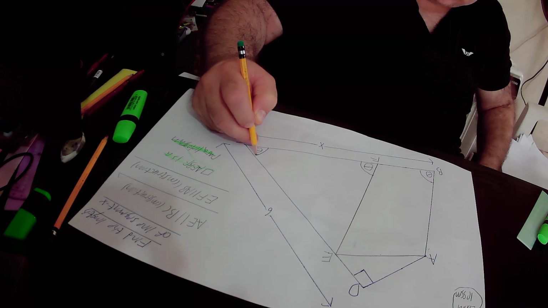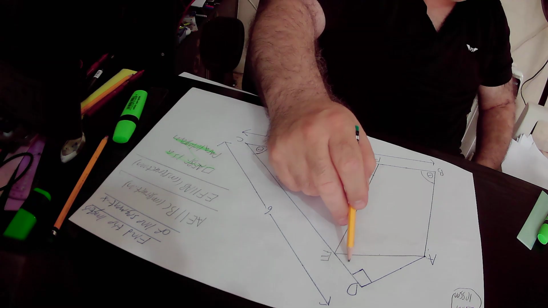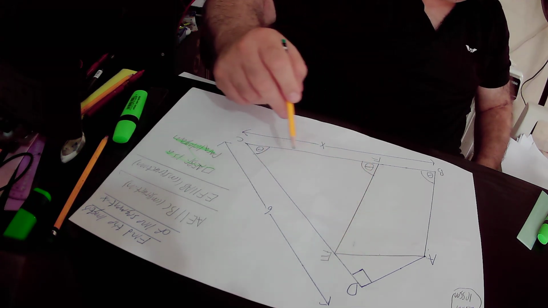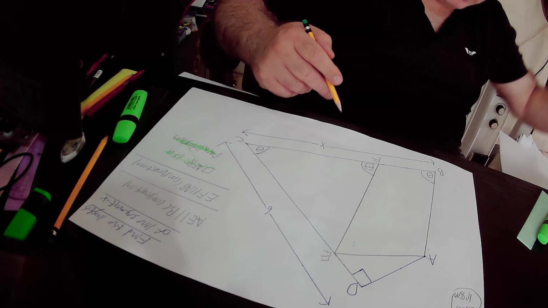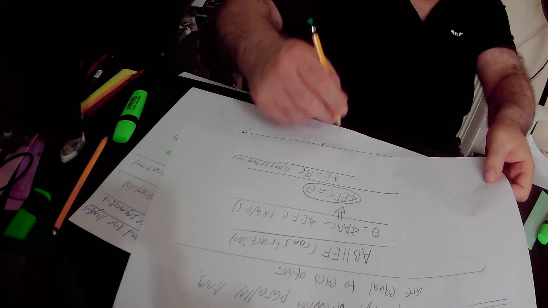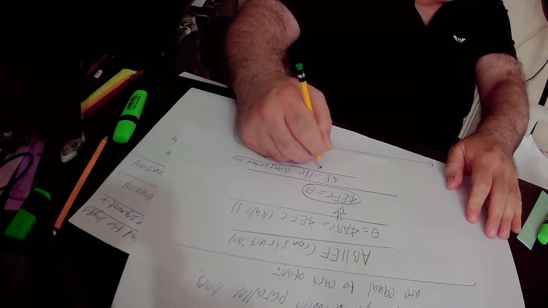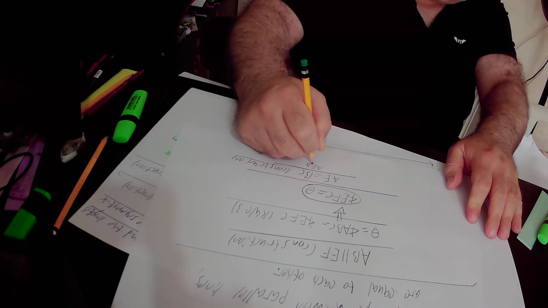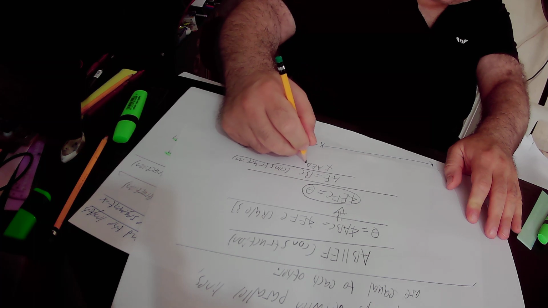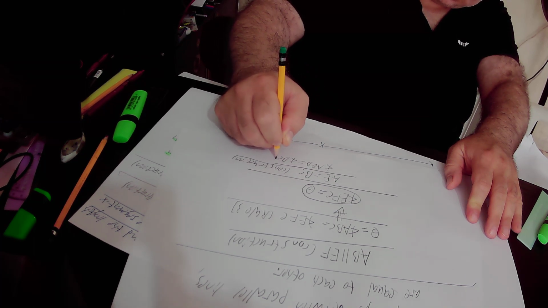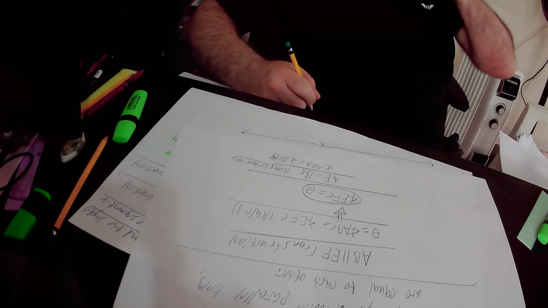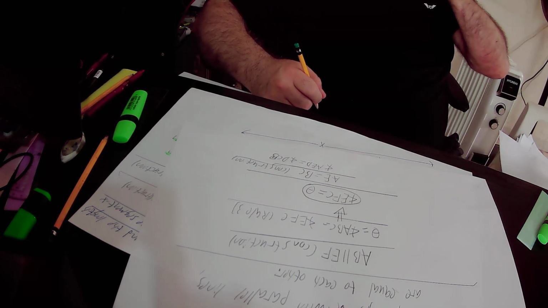That is to say, angle AED, this angle, will be equal to this angle, angle DCB, according to rule number 3, of course.